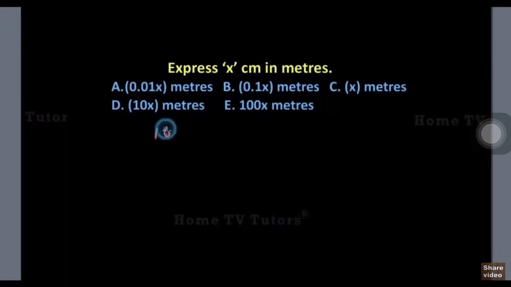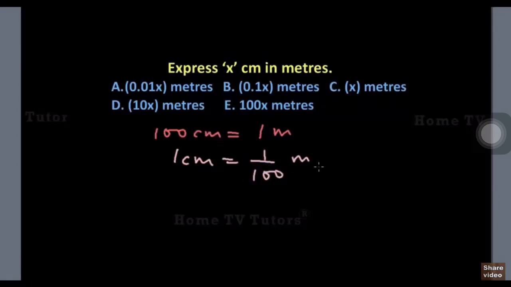The next question, express x centimeter in meters. I'm sure you know this, 100 centimeter makes 1 meter. So we'll first have to write the formula. One thing with mathematics is once you get the formula, it makes it easier for you. So if 100 centimeter is equal to 1 meter, it means 1 centimeter is equal to 1 over 100 meter, which gives us 0.01 meters.